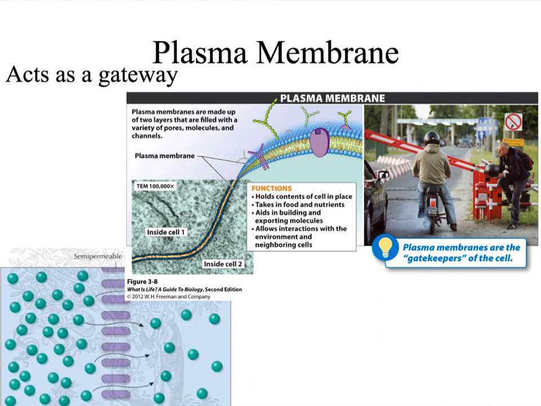So it is a semi-permeable membrane, meaning that it only lets certain things in and out of our cell. So you can see in this diagram here, we've got all kinds of different things embedded in that plasma membrane, such as proteins. And many of these proteins allow different molecules in and out, but they're very, very specific.